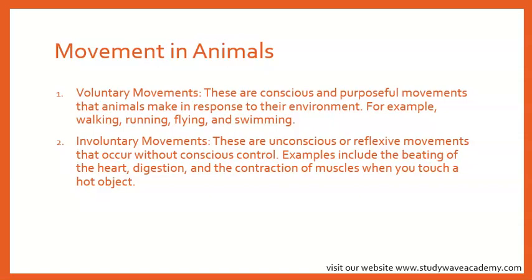Do we understand? So today's lesson on movement, we understood it, right? We said movement involves a change in position or location of organisms, right? And we looked at movements in plants. Plants can move in various ways, such as growing towards sunlight to capture sunlight for photosynthesis.